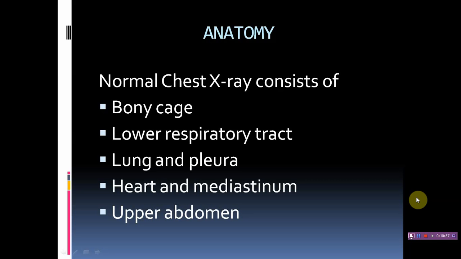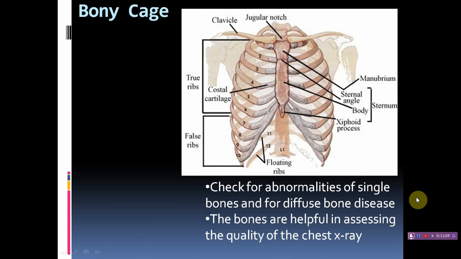These are the parts we will see after taking radiography. As comes to the bony cage, all of you will know there are 12 pairs of ribs. There are a few pairs of true ribs and a few pairs of false ribs.